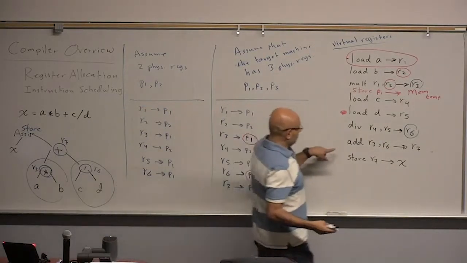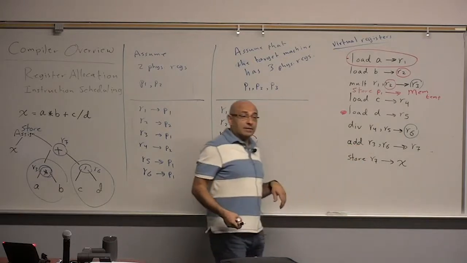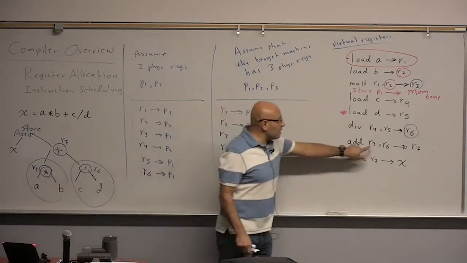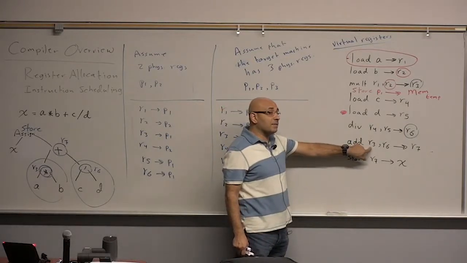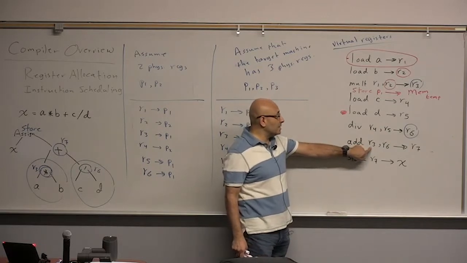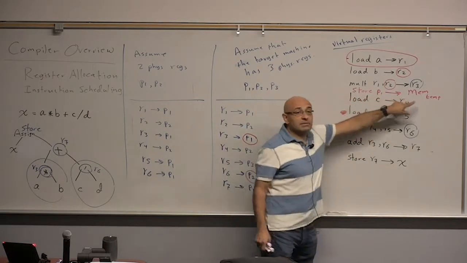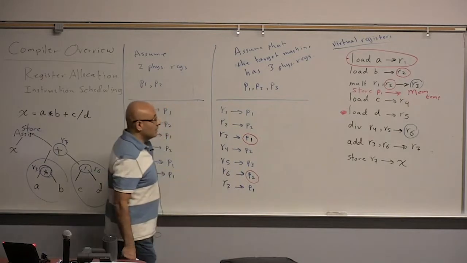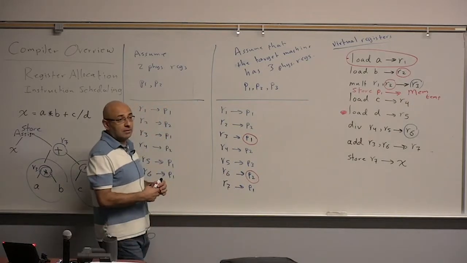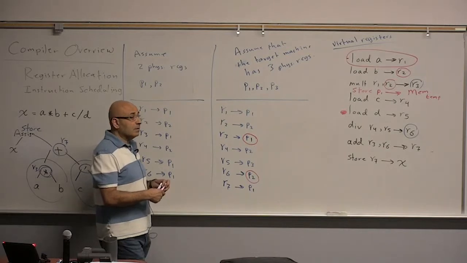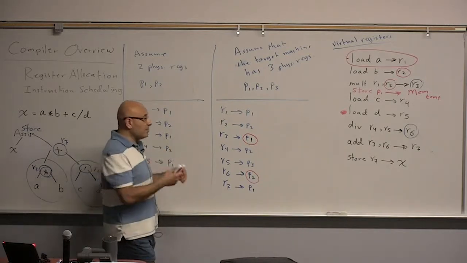Now we need R3. But virtual register R3 is no longer in a physical register. We stored it in memory. So what do we need to do? What's the logical thing to do? Load it, yeah. Bring it back from memory.